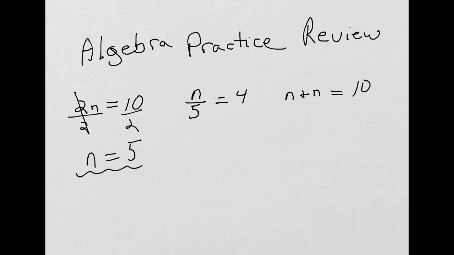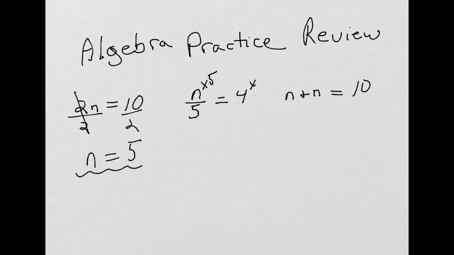The second example here, we have n divided by 5, and I want to remind you that a fraction is always a division question in disguise, so n over 5 really means n divided by 5 is equal to 4. So in this case, we want to isolate the variable again by doing the opposite, and the opposite of divide by 5 is times 5.